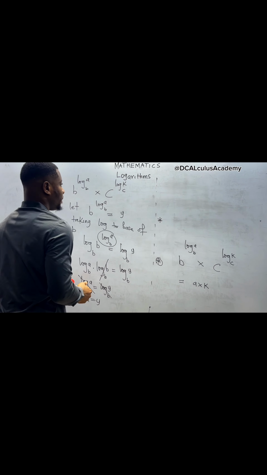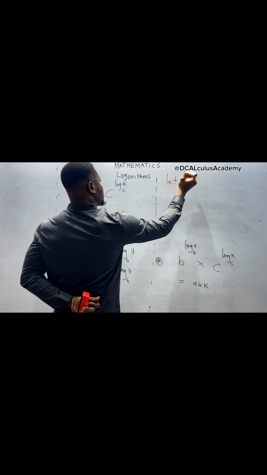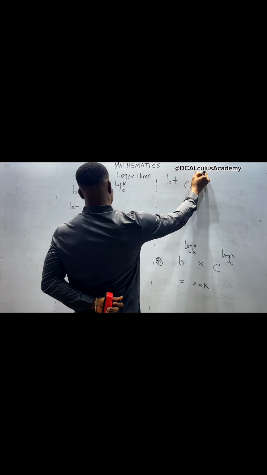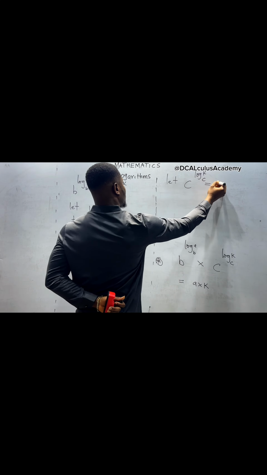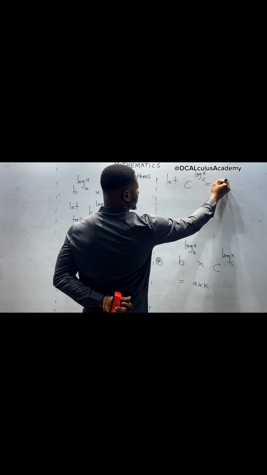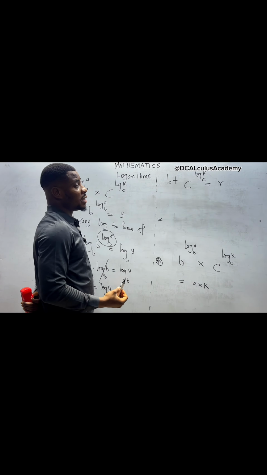In the same way, let c raised to power log k base c be equal to, let's say, r. We do the same thing. We take log to base c of both sides.